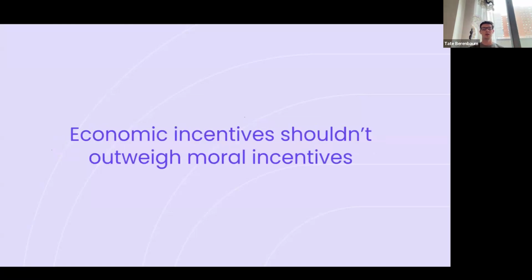Why is that hard? So economic incentives shouldn't outweigh moral incentives. That's one of the first cases: when you have this new vehicle of reward, you now have a moral reward to follow some type of mechanism design, and you also have an economic reward. And those things at times can compete against each other.